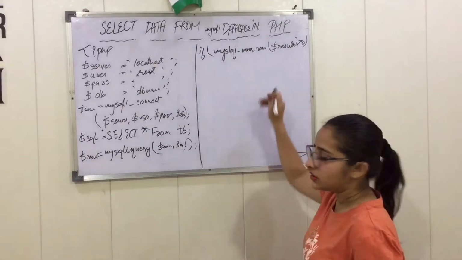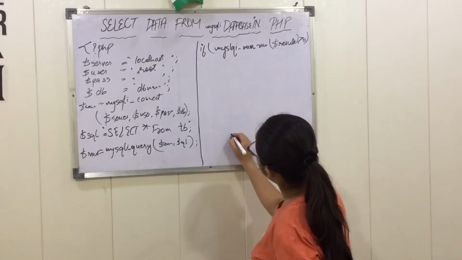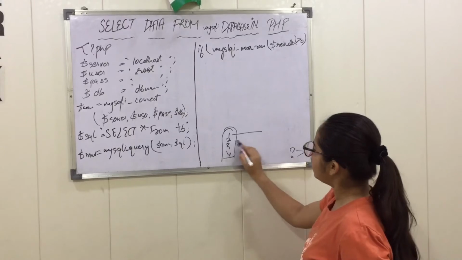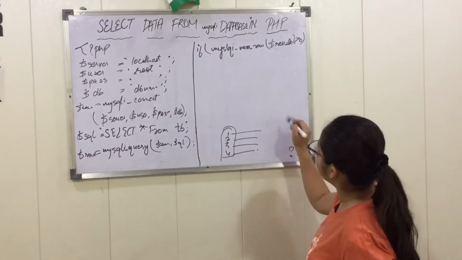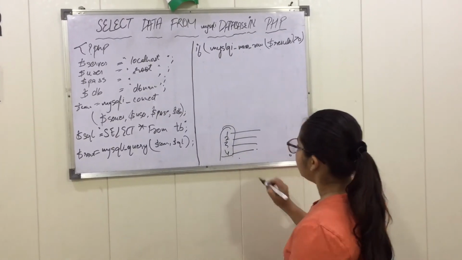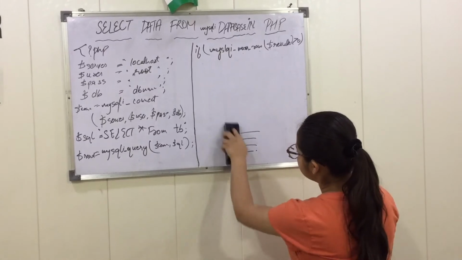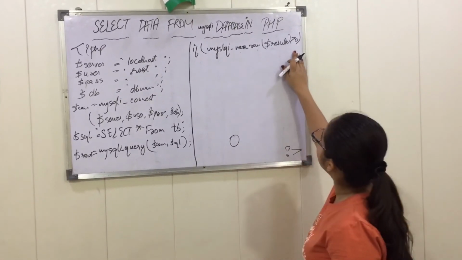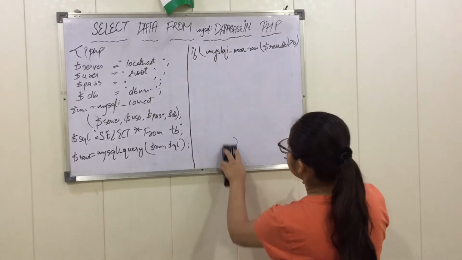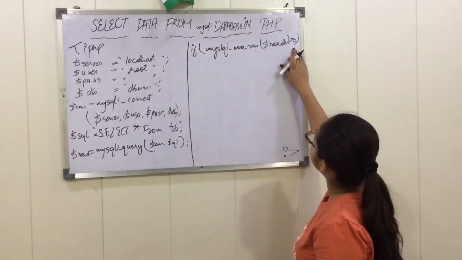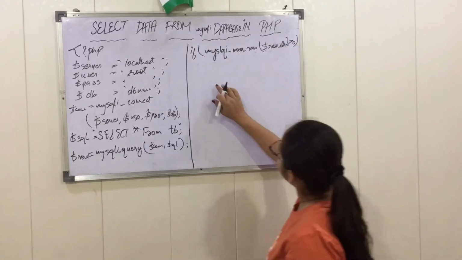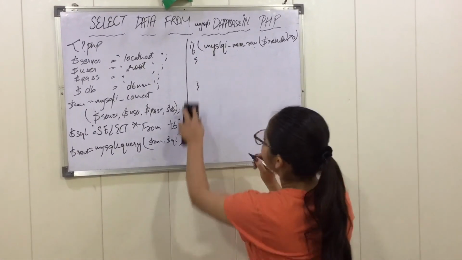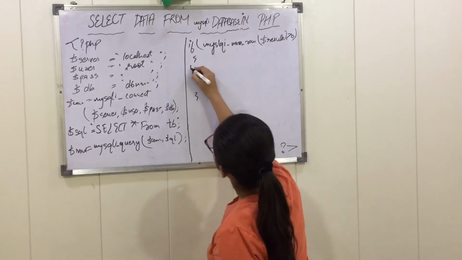Then it will print the rows; suppose I have 4 rows, it will print 1, 2, 3 and 4. If it doesn't find any rows, it will only give 0, because no rows will be found. If we have data, greater than 0, then curly braces start and close, and in between this a while loop will be created.